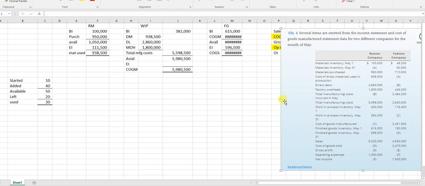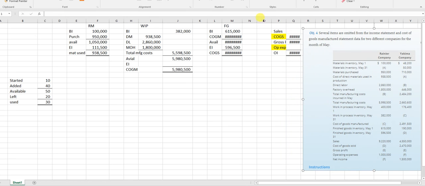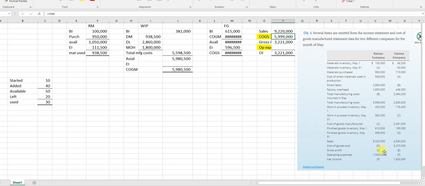Sales. My sales is 90. Cost of goods sold, I don't know. Gross profit, I don't know. Operating expenses are $1 million.